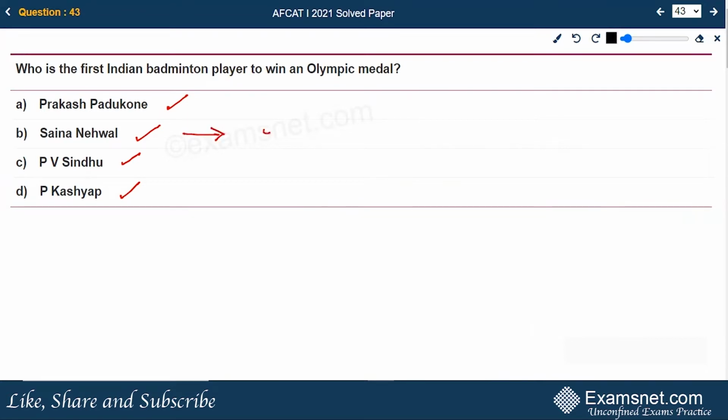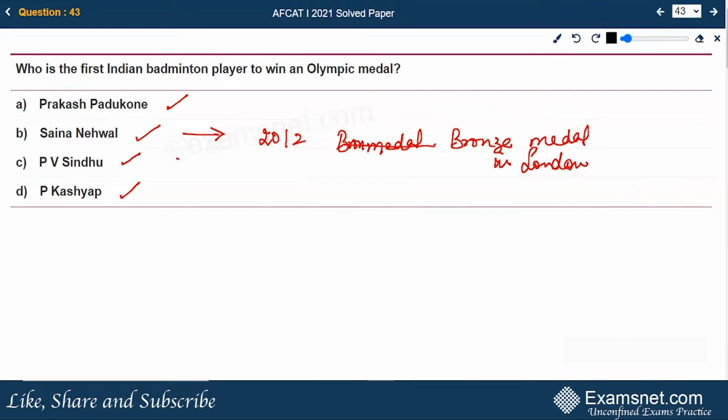She won a bronze medal in London in the year 2012. After that, she was followed by PV Sindhu, another Indian to win Olympic medals after Saina Nehwal. So in our case, the answer is option B.